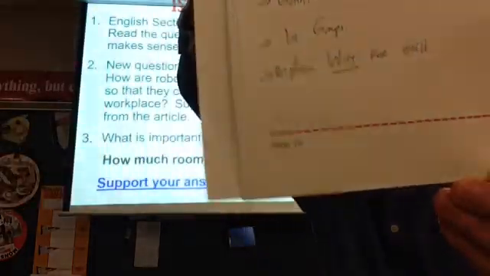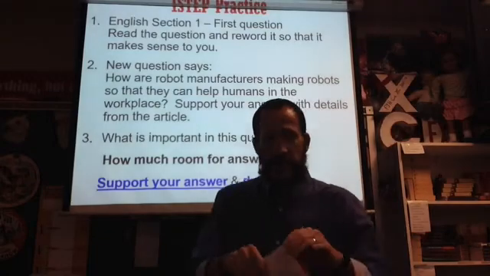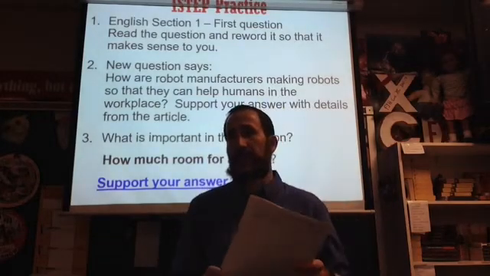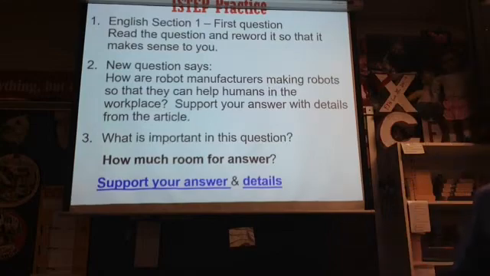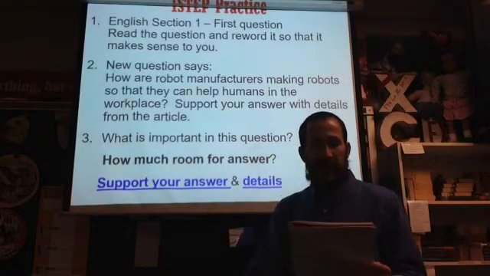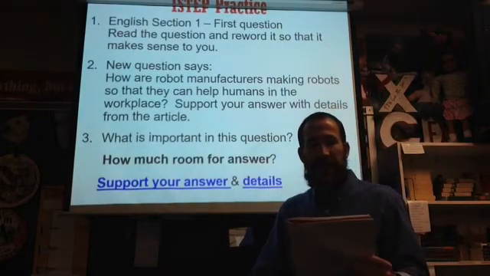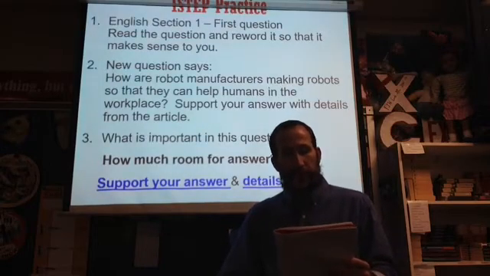Page 16. All right. On here, I'm going to read the question to you, and I want to sort of run through the setup and get the same idea. It says, in The Rise of the Robot Worker, the author discusses both the advantages and the challenges of using robots in the workplace. Write an essay that explains whether the advantages outweigh the challenges. Use evidence from the article to support your position.